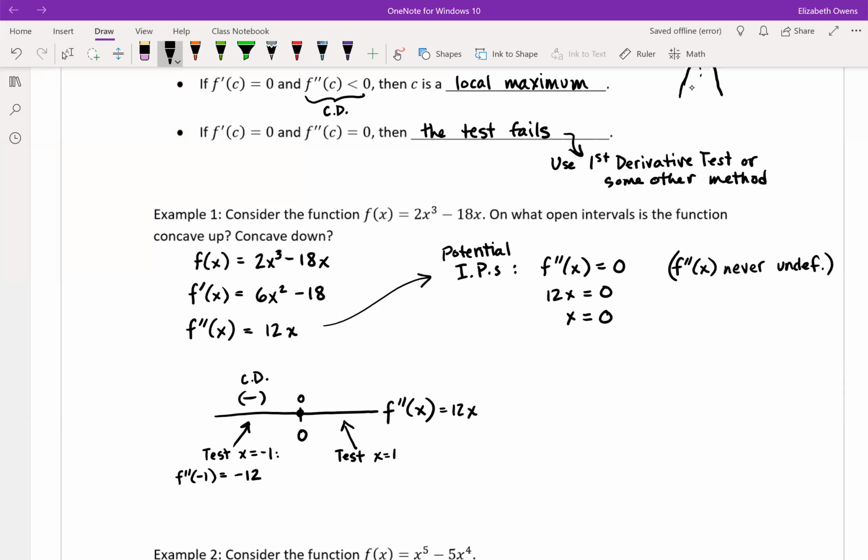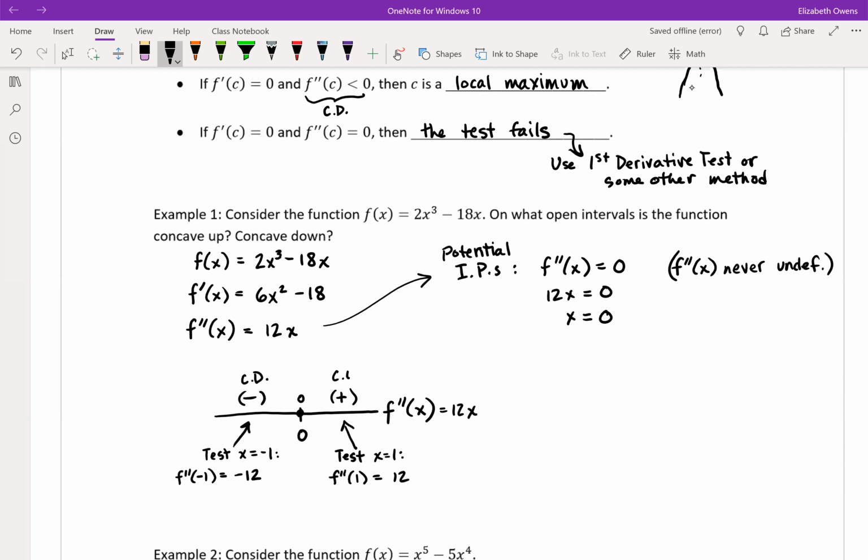Then you move to your other interval, think about some positive value over there, test that in your second derivative. I did x equals 1 just kind of as a nice default there, and we get a positive second derivative. Any value you would have picked over there would have given you a positive second derivative.